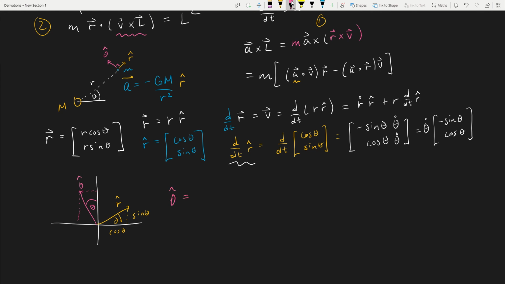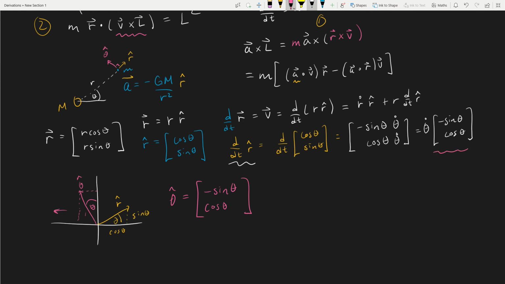You can reason it just by looking at it. The cosine of theta gives you the y component, so to project this unit vector onto the y, you get cosine theta. And sine theta projects onto the x-axis, but we need a negative sine theta because we can see it's back this way.